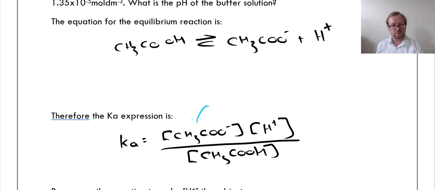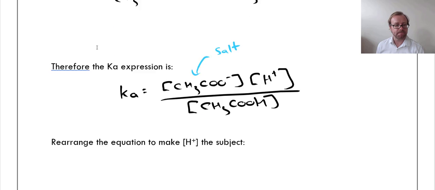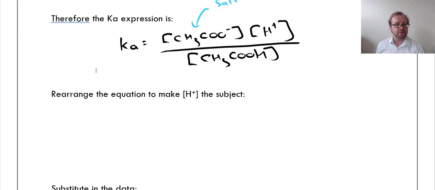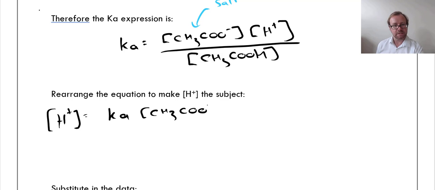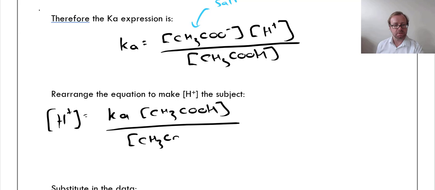So this would be my salt concentration. And I can rearrange this equation to make H plus the subject. So H plus concentration equals Ka times my concentration of acid over my concentration of salt.